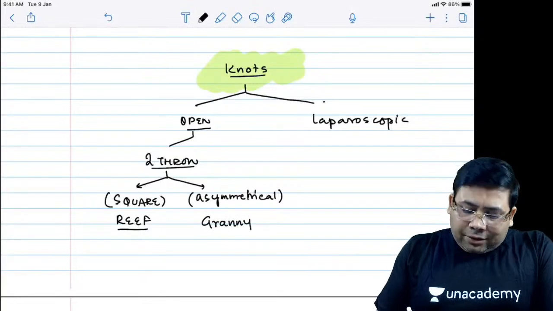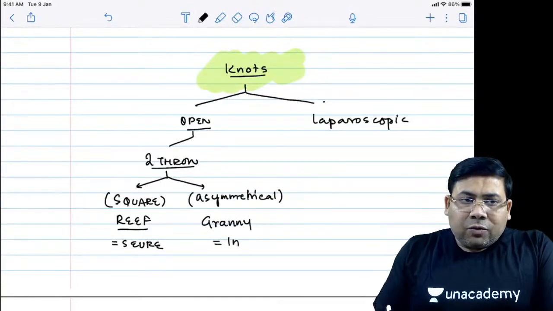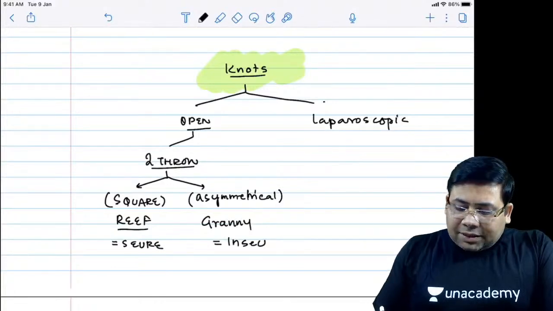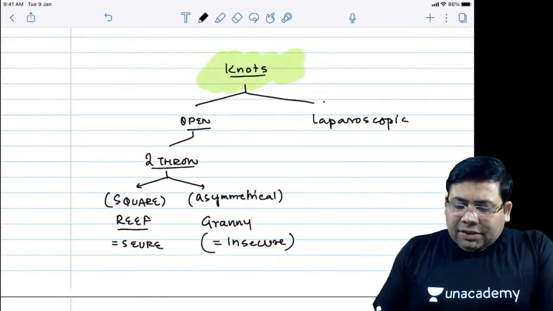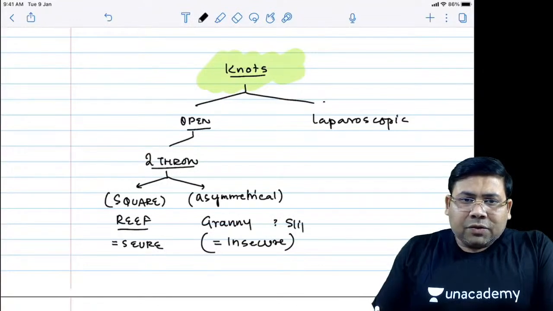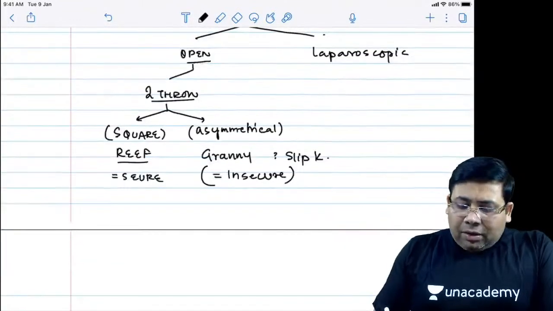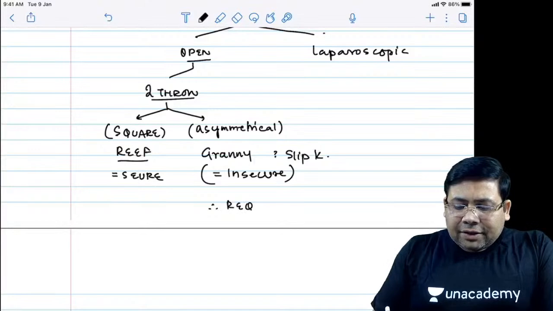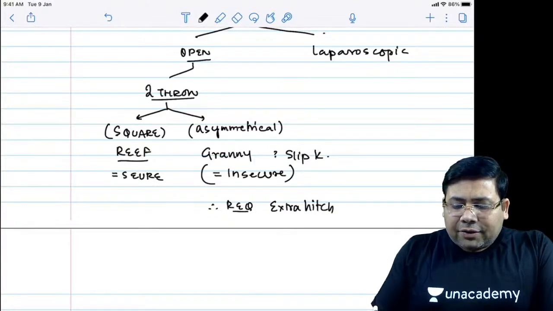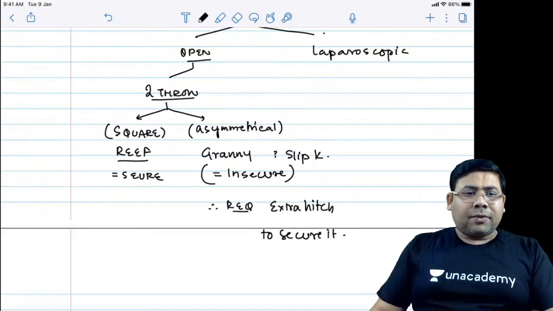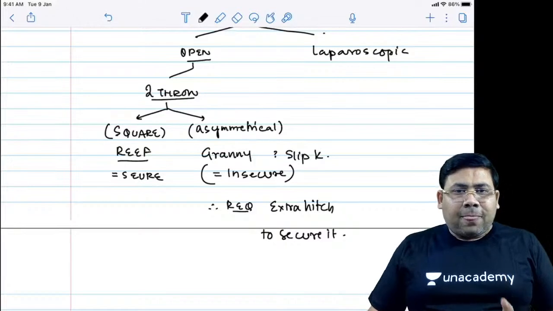Always remember, reef is equal to secure knot, whereas Granny is equal to insecure. Why is it insecure? Because it slips. So this is a slip knot basically. Therefore it requires an extra hitch to secure it. Are you getting this?